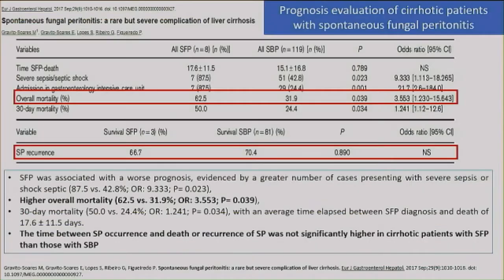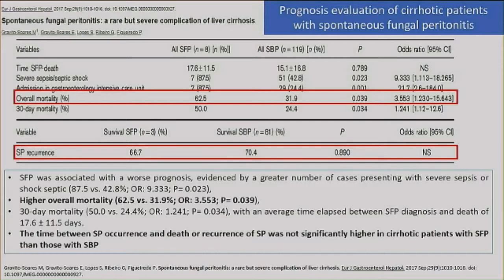So overall mortality is still high. In the prognosis evaluation of patients with fungal peritonitis, we can see that for all spontaneous fungal peritonitis, the overall mortality is 62.5%.